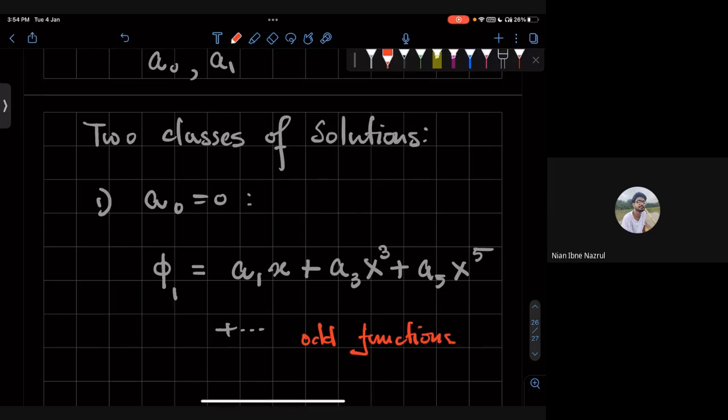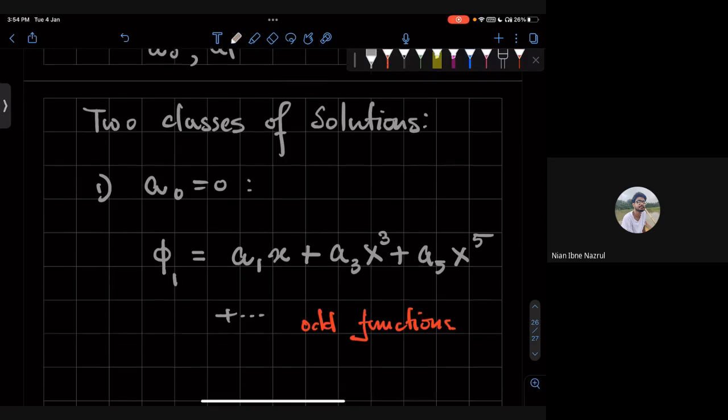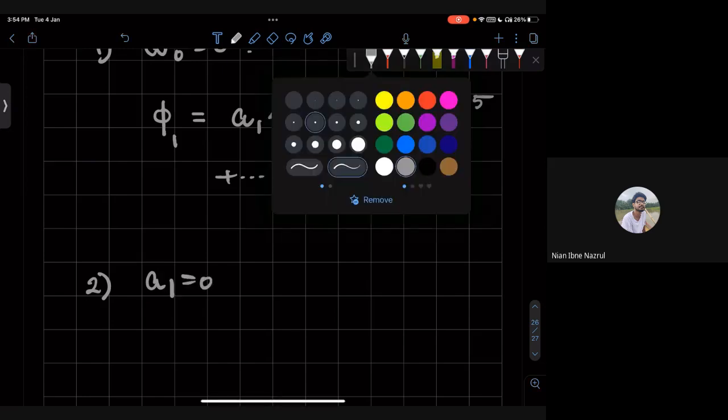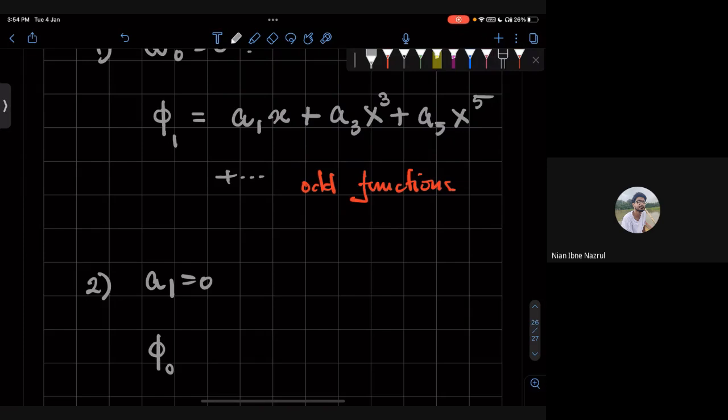Of course, we can take linear combinations of these two different classes. And then the other class is when A1 is 0. And in that case, we write the solution as phi 0. It's going to have A0 as a leading term, then a2 x2, a4 x4, plus dot dot dot.